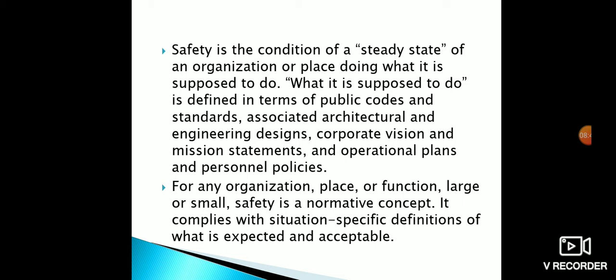What it is supposed to do is defined in terms of public codes and standards and associated architectural and engineering designs, corporate vision and mission statements, and operational plans and personnel policies.